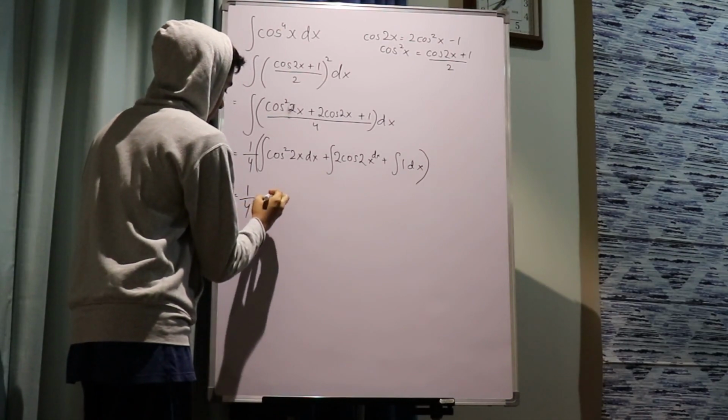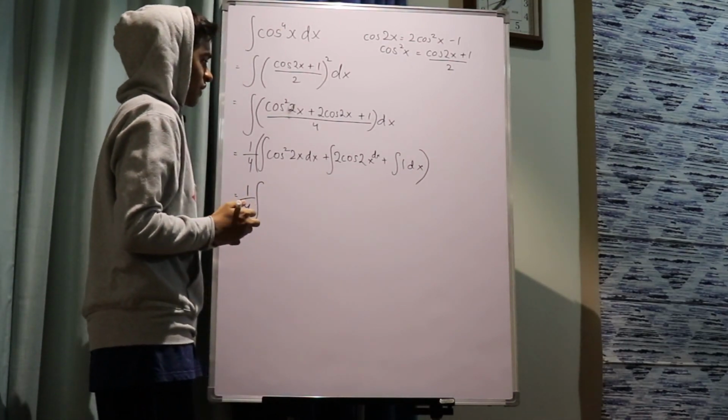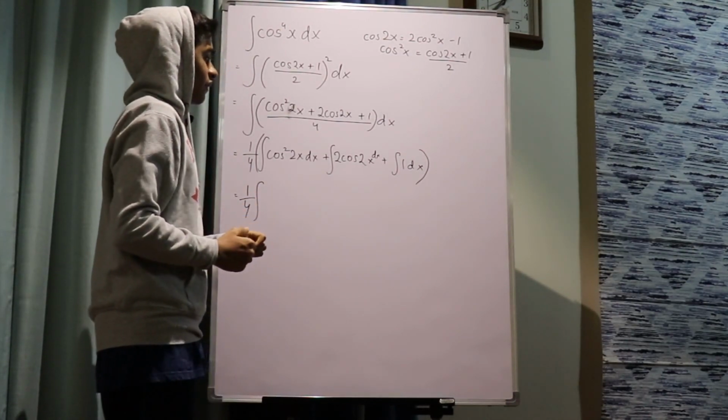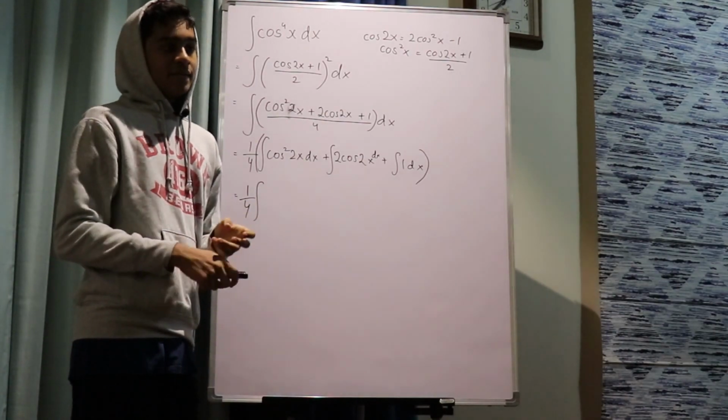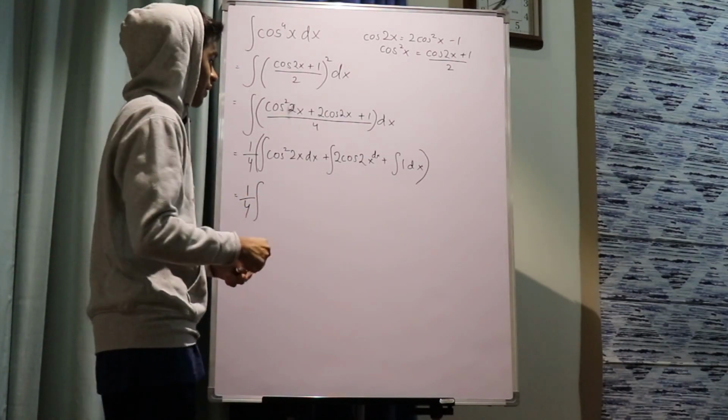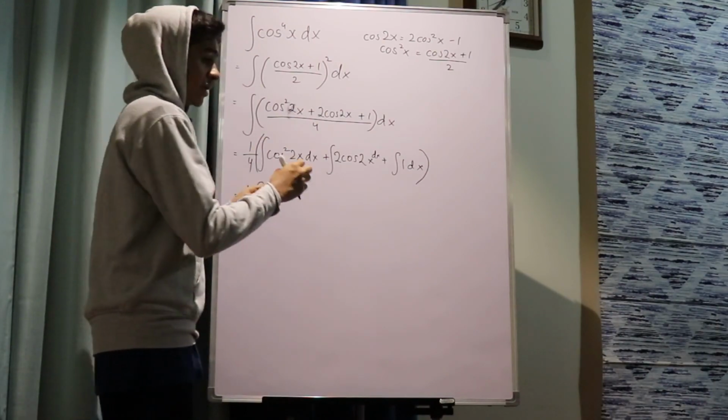All right. So the last two are basically 1 over 4, and we know that the integral of cos of x is sine of x, right? So we can basically write that using u substitution.